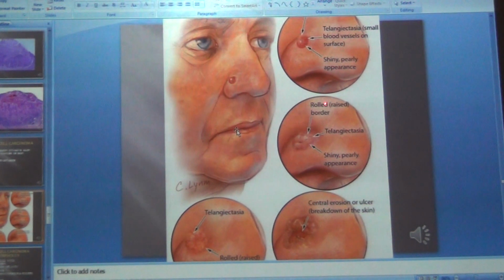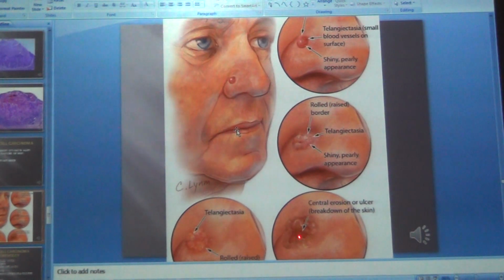They may present as rolled lesions. In the center, some ulcer and peripheral parts showing raised or rolled borders, and in the peripheral parts you can get some dilated vessels, telangiectasia. This peripheral part is shiny, pearly. They can present as erosion or ulcer.